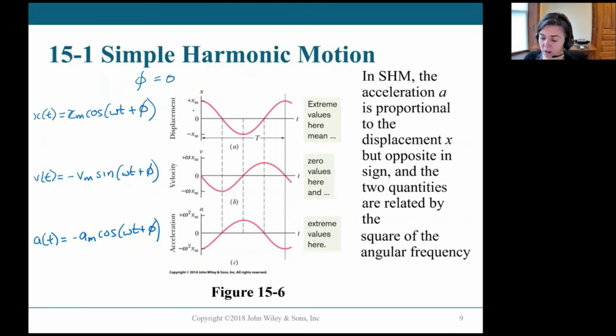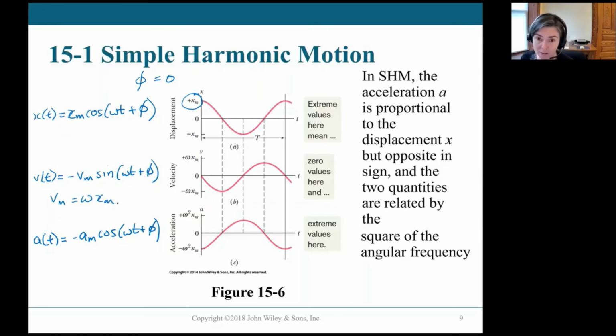It looks like a cosine function, and its amplitude is x_m. Here is the velocity. It is a negative sine function. A positive sine function would start by going up. This one starts by going down. And the value v_m is equal to omega times x_m.